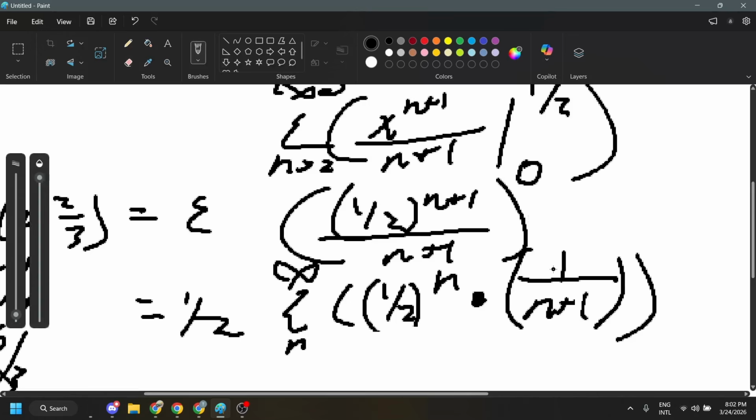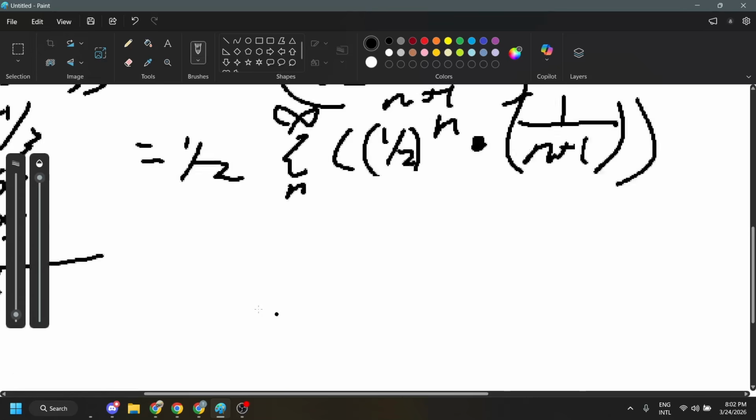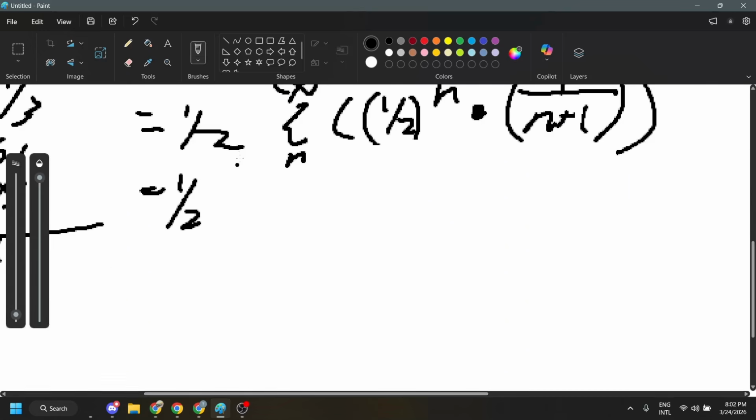I think I could find the sum of this. 1 over n plus 1, so 1 over 3 plus 1 over 4 plus 1 over 5 plus 1 over 6. Would that be equal to negative 12? No. 1 over 4 plus 1 over 5 plus 1 over 6 plus 1 over 7 plus 1 over 8 plus 1 over 9. Well, let's write this out.